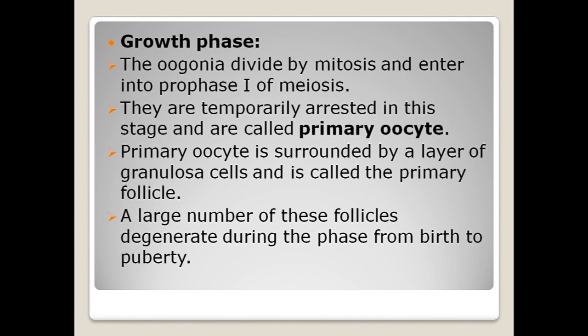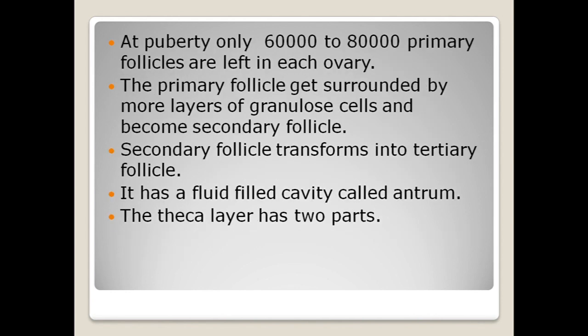A large number of these follicles degenerate during the phase from birth to puberty. At puberty, only 60,000 to 80,000 primary follicles are left in each ovary.